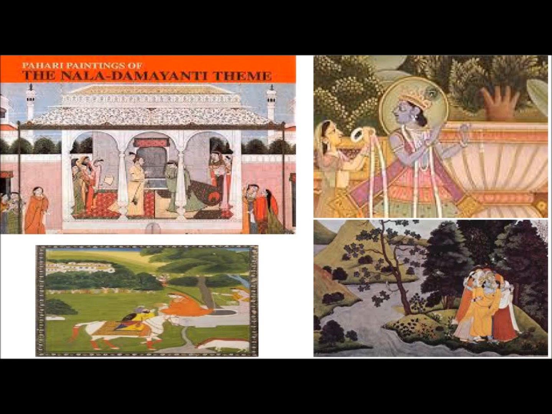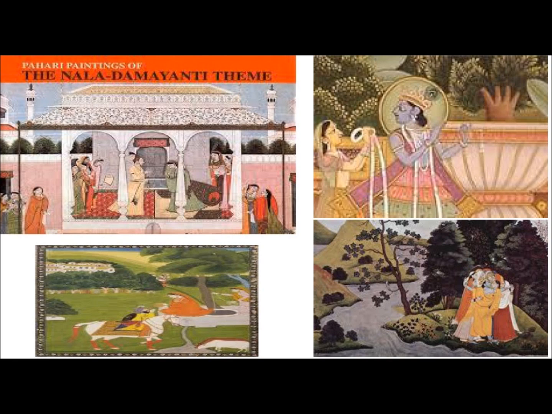The artists who were employed in the Mughal court, with the decline of Mughal painting, were then employed in these hill courts, and the art produced by this genre of artists is generally known as Pahari painting.